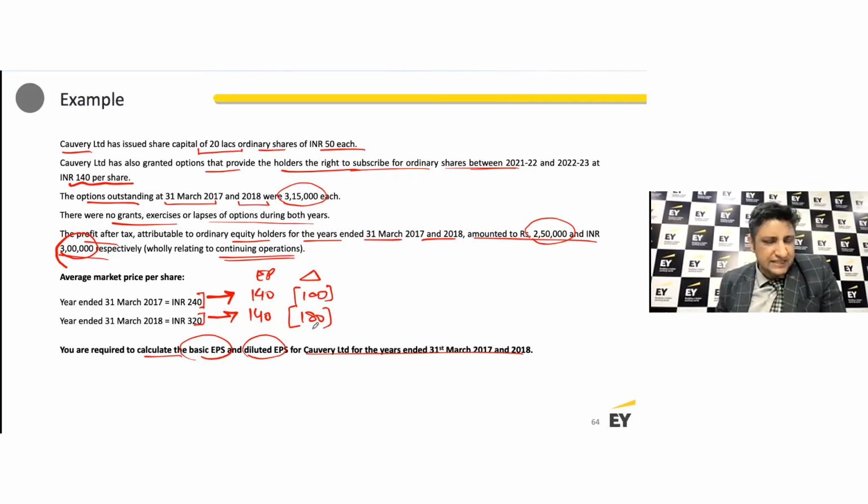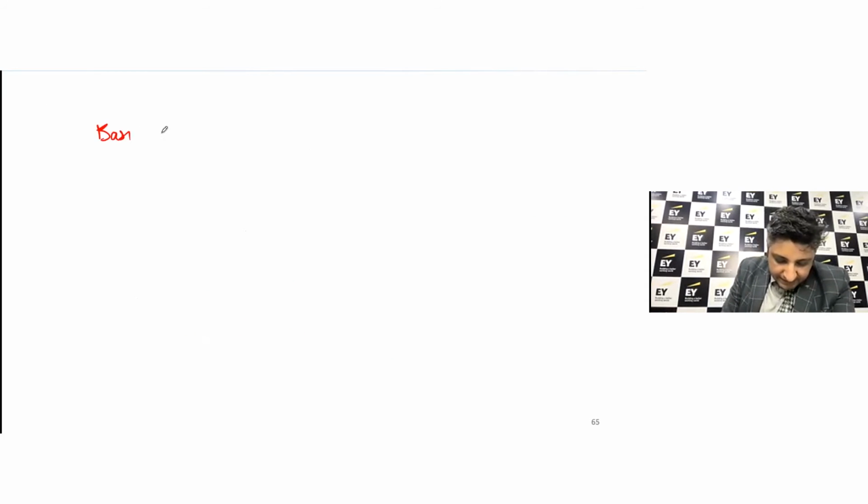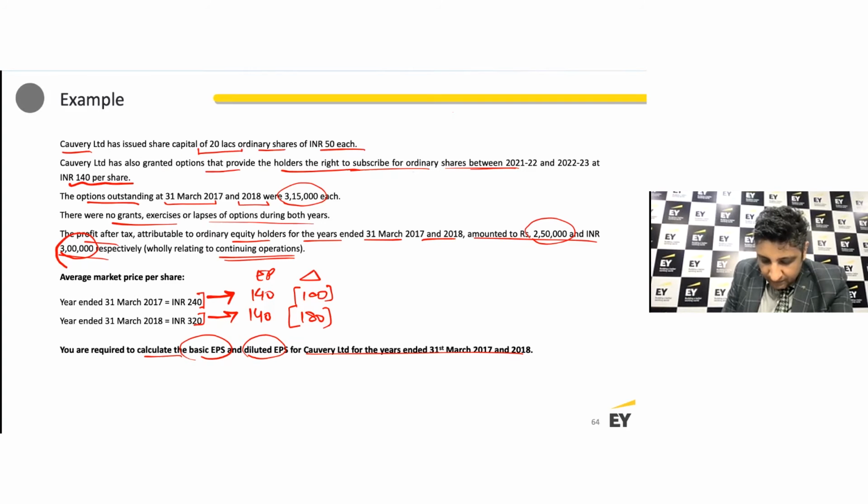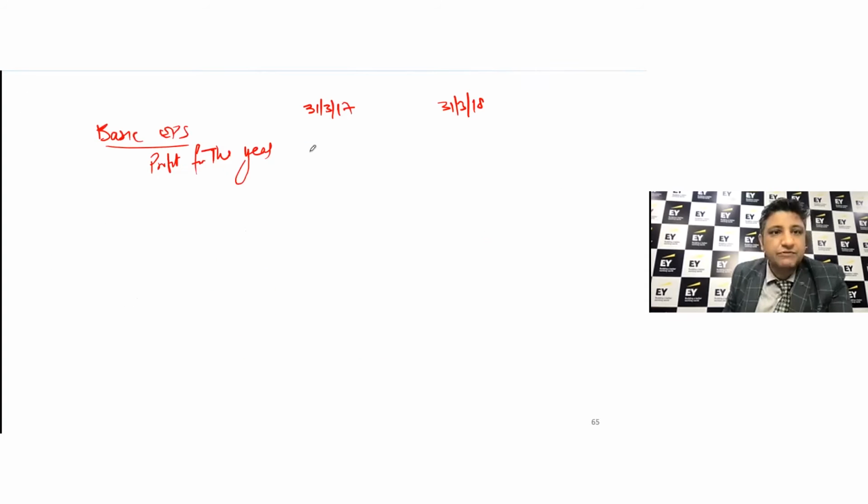Okay, so on that basis, you would be required to calculate the basic or the diluted EPS. Basic EPS is fairly straightforward in this particular question. So let's take the first step, wherein we calculate the basic EPS for the year ended 31st of March 17 and the year ended 31st of March 18. We have profit for the year, that is 2,50,000 for 2017 and 3 lakh for 2018.